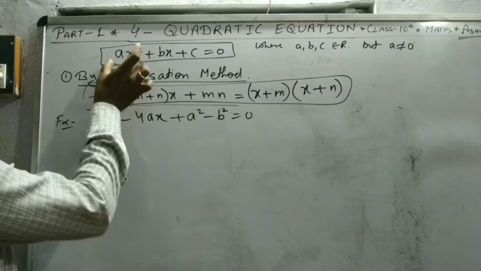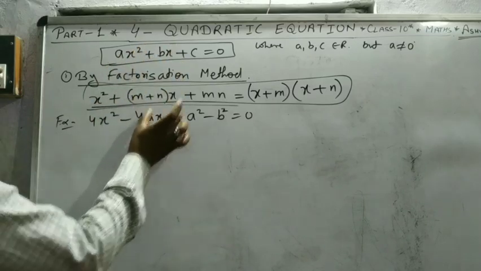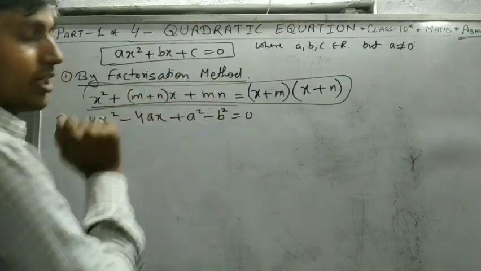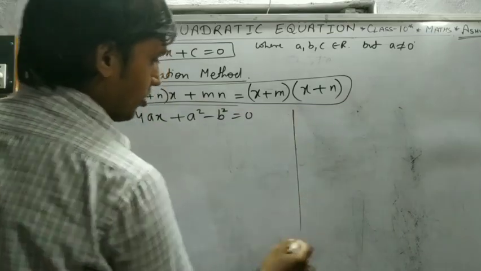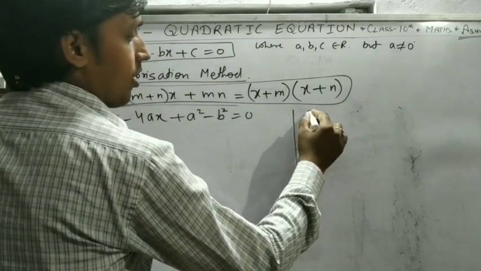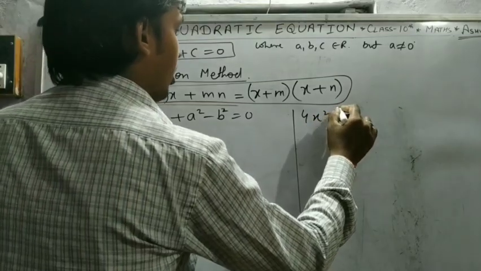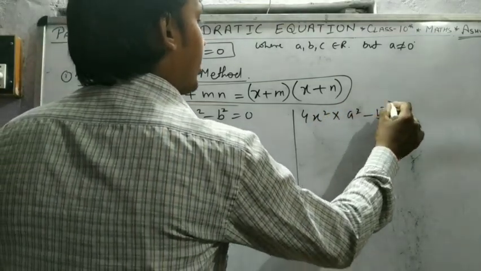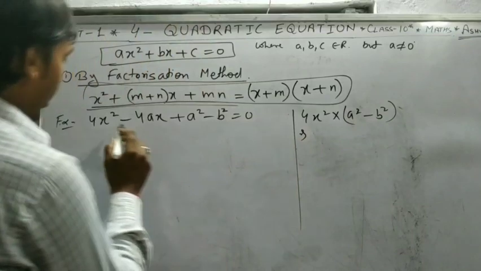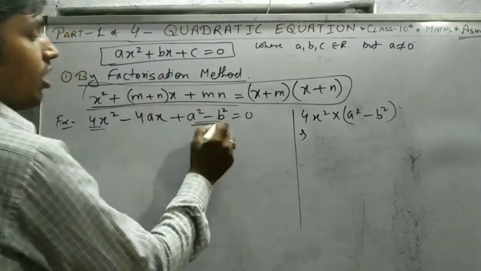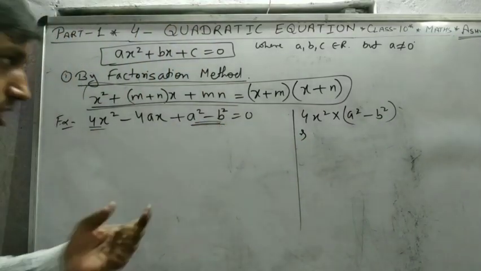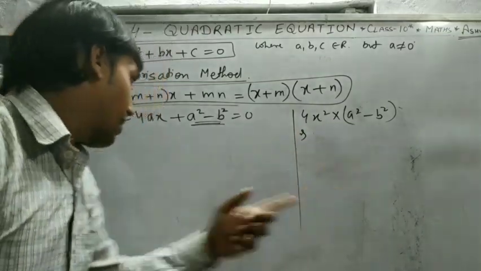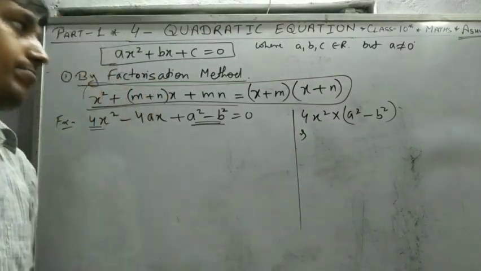This is the first term, the second term, and this whole is the constant term c. Then 4x square into a square minus b square, means first into third term, multiply them, then split into two parts such that the sum is minus 4a.